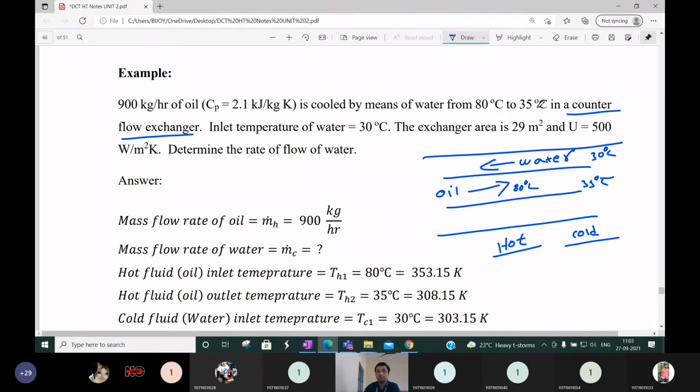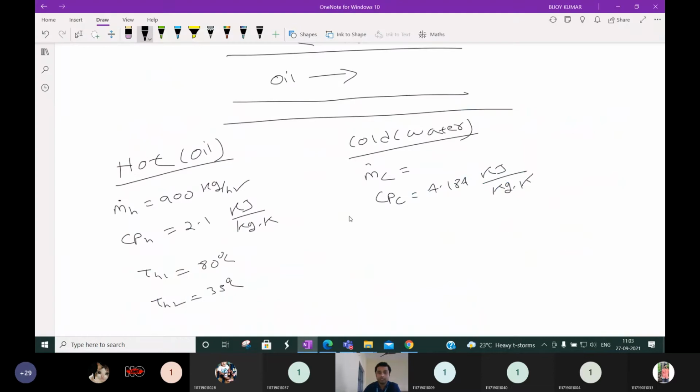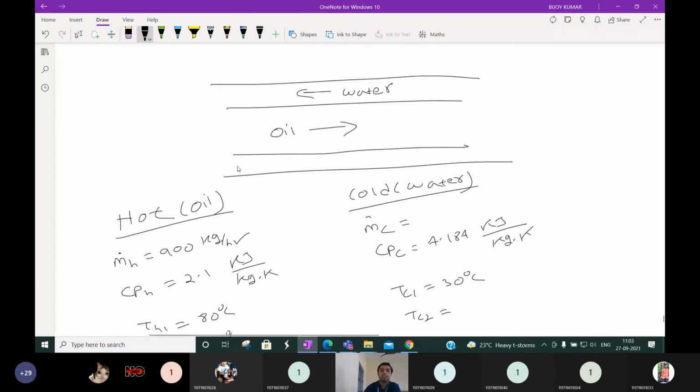80 to 35 degrees centigrade. The water inlet temperature is 30 degrees centigrade. It means TC1 is given as 30 degrees centigrade. TC2 is not given. Suppose this is TH1 and this is TH2, 80 degrees centigrade and 35 degrees centigrade. The water is entering from the opposite direction. So TC1 will be here and TC2 will be here.